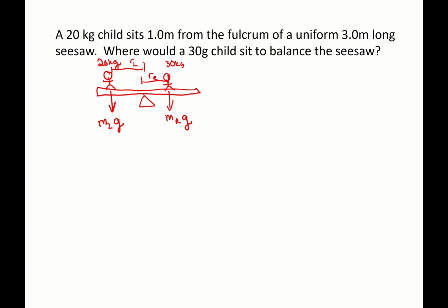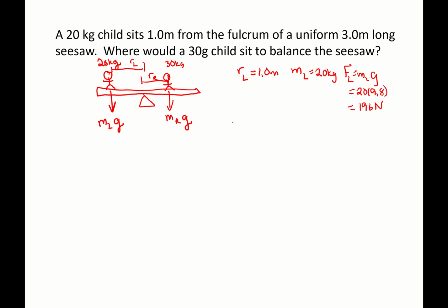So we know R left is 1.0 meters. The mass on the left is 20 kilograms. And so the force on the left is going to be mlg. So it's going to be 20 times 9.8, or 196 newtons.